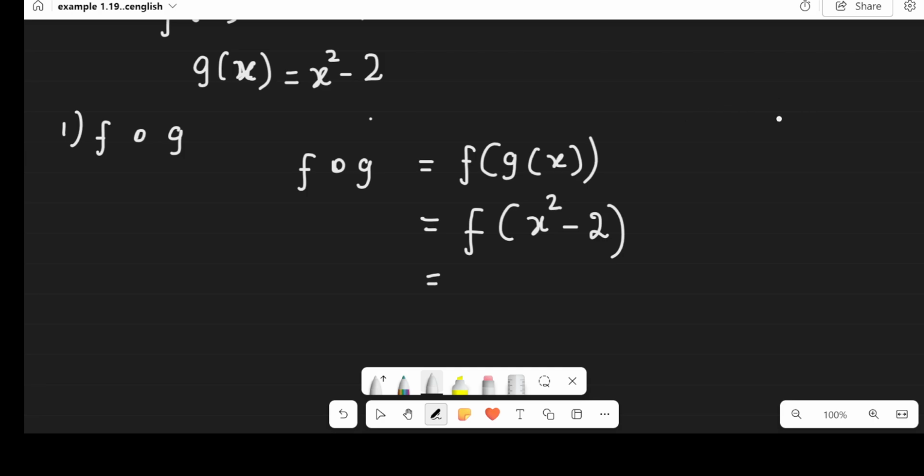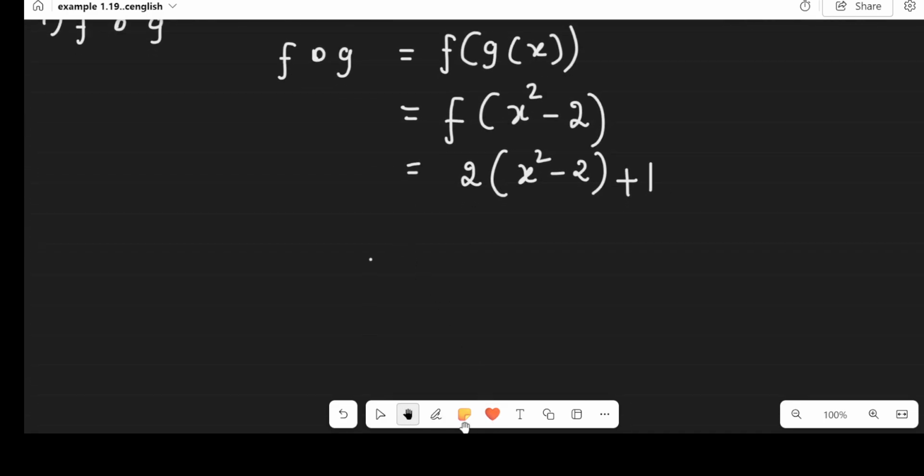What is f of x given in the question? 2x plus 1. In this formula only, we replace x, so f of x is 2 into x square minus 2, plus 1.